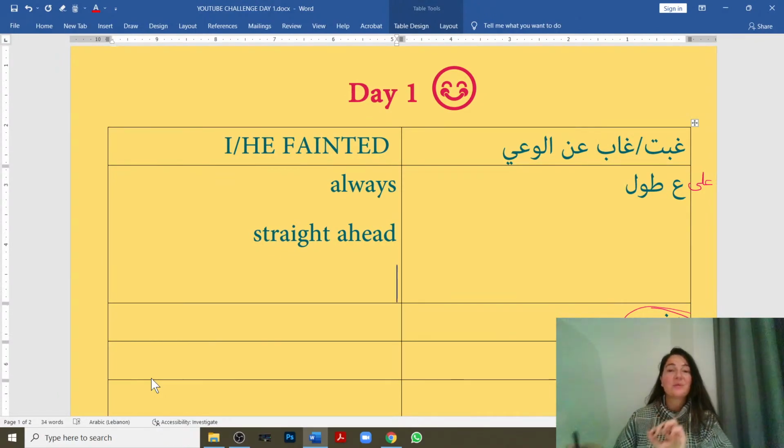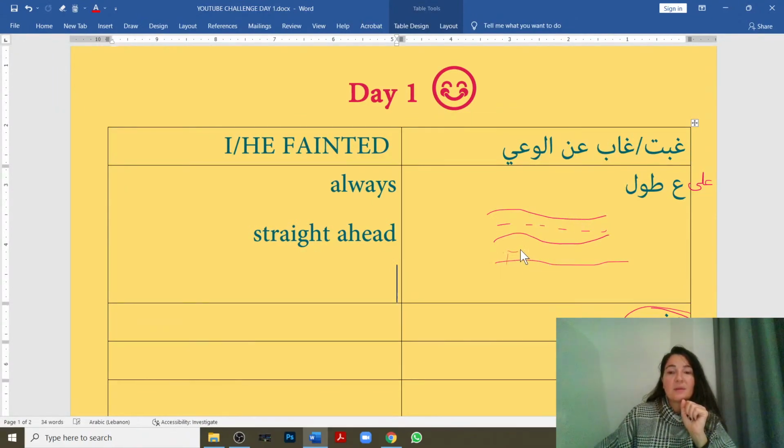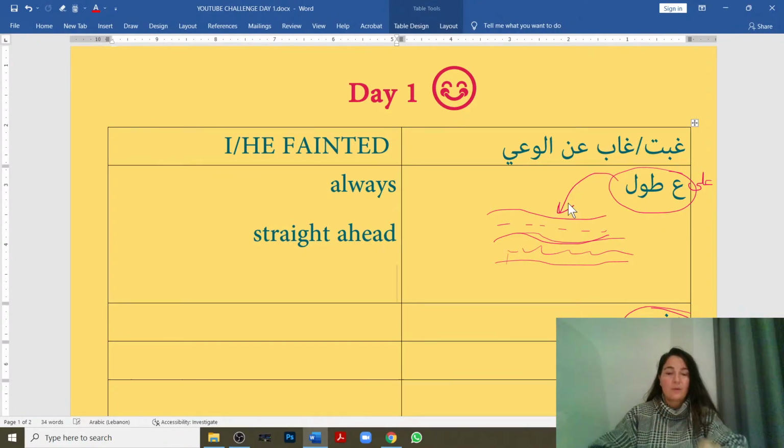Today in class we used it in a different meaning. There was a picture of a river, and here there was a picture of a street, and this was the river. When I asked them where is the river, it's along the street, right? So in that case we can say النهر عطول الشارع, like all along.